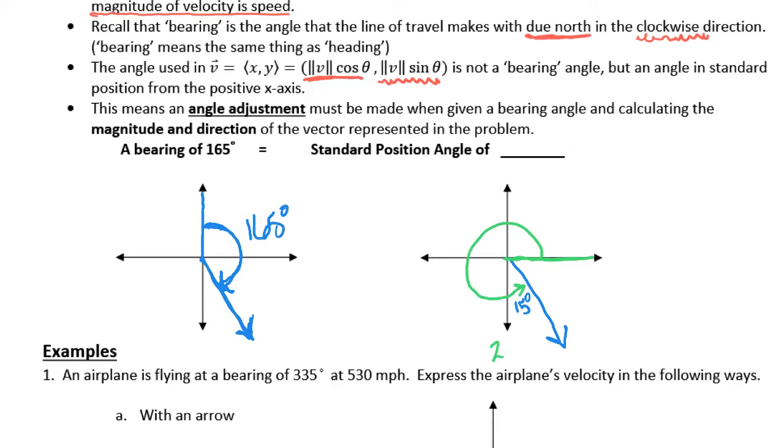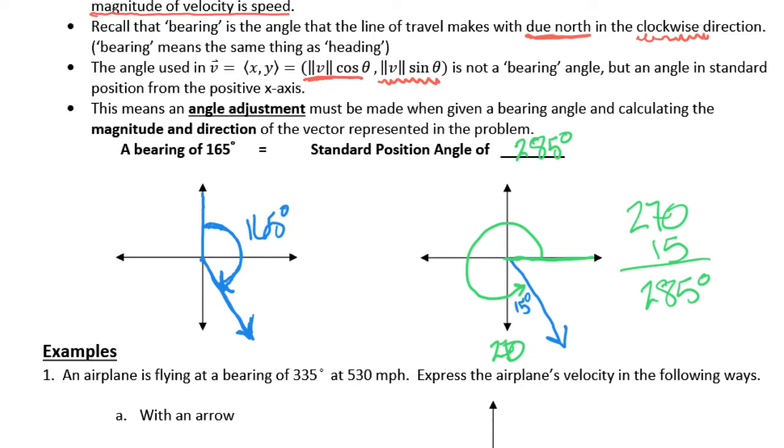We know that this is 270, so 270 plus 15 is 285 degrees. So to change a bearing angle measure to an angle in standard position, you just need to think about where you are and how far you are away from the next quadrantal angle. Okay, so let's take a look at some examples here.